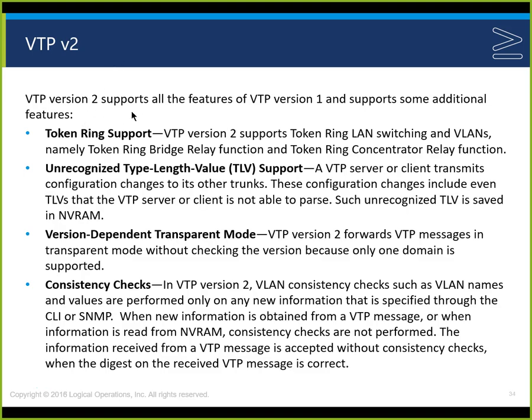Version 2 supports all the features of version 1, and some additional ones. It's got Token Ring support, unrecognized type length value support, and configuration changes. A VTP server or client transmits configuration changes to its other trunks, including even TLVs that the VTP server or client is not able to parse.